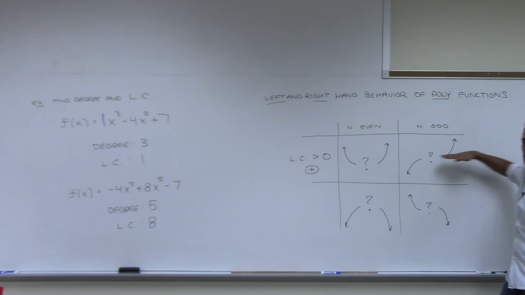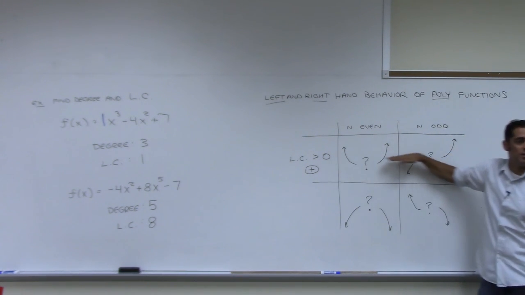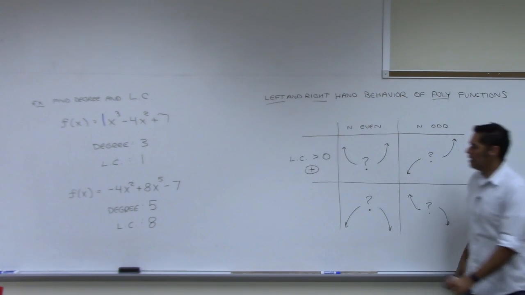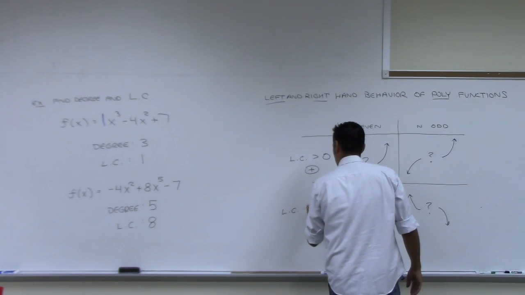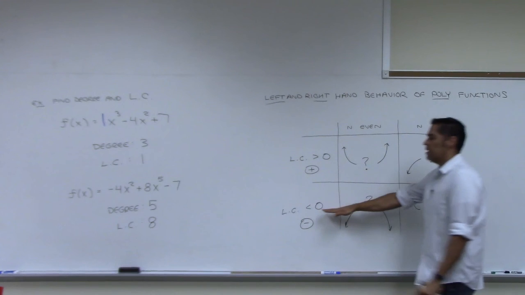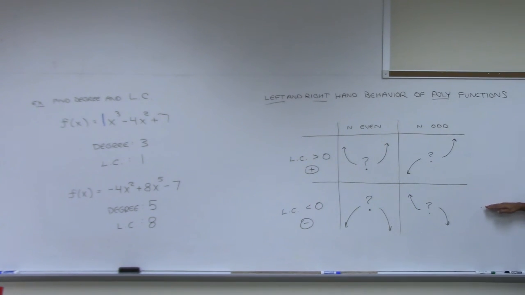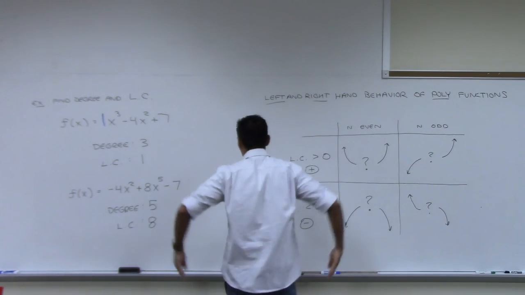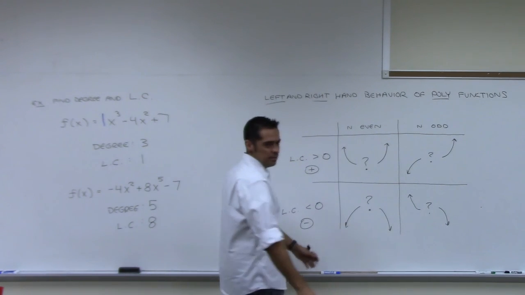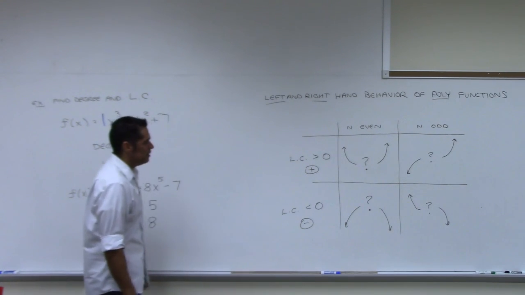Then you're going to be along this row. If your leading coefficient is negative, less than 0, then you're going to be along this row. Make sense? So it's kind of like all polynomial functions either do this, this, this, or this. That's it. That's the only possibilities.